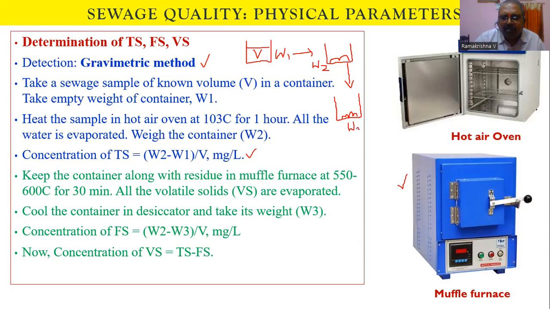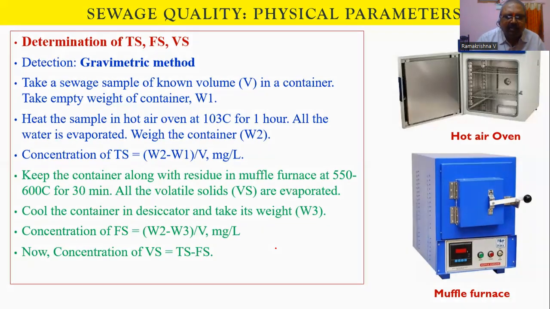So the difference of W2 minus W3 will give you the fixed solids remaining, and whatever the volume taken initially, the ratio is going to give you fixed solids, and the difference of total solids minus fixed solids will give you the volatile solids.